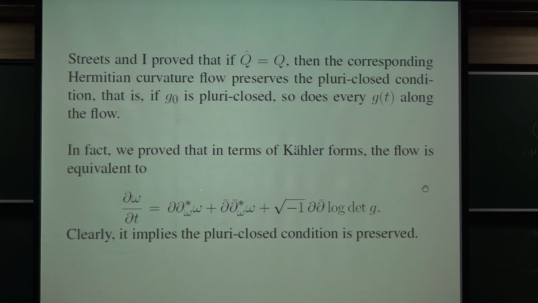So actually, this is a flow we started with first. We proved that in terms of the Kähler form, the flow is equivalent to this. Actually, what we did is we wrote down this flow and proved it's parabolic, and then through a computation proved it's the same as the previous version. Okay, and the previous version has an advantage. You immediately see it's a parabolic flow, but for this one you need to check.